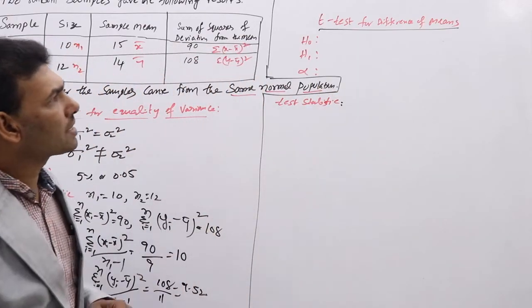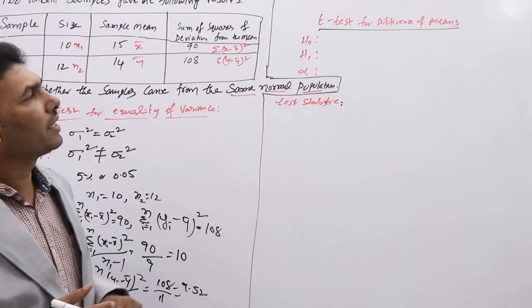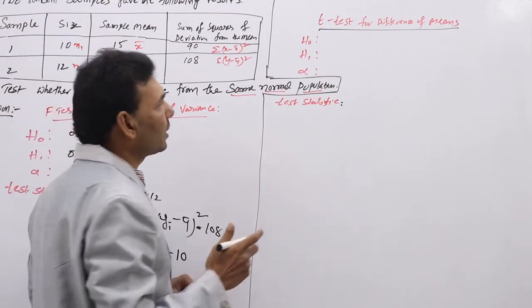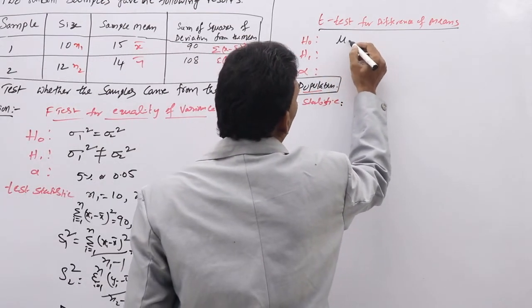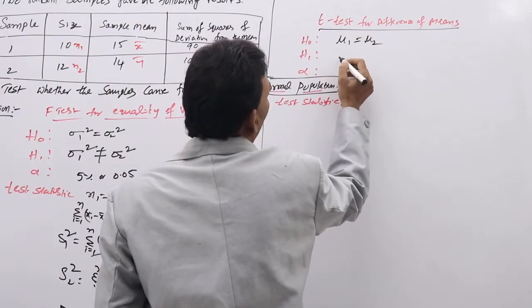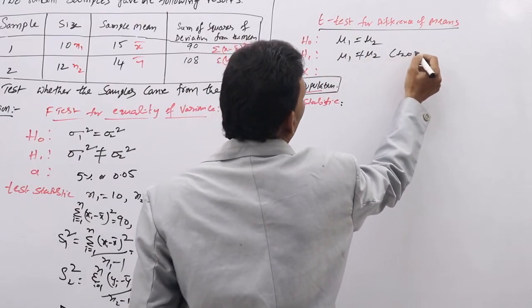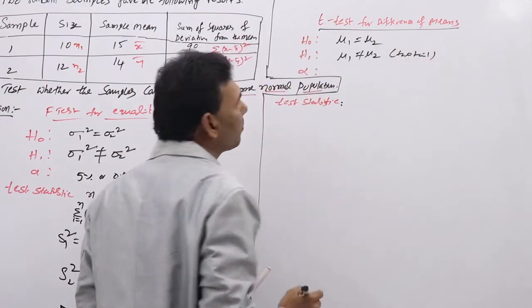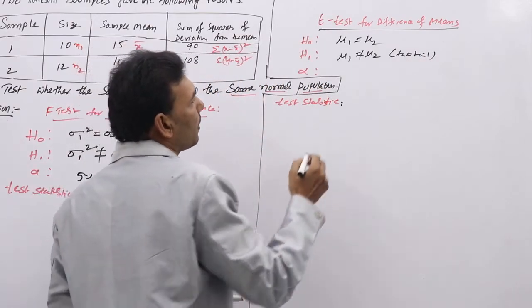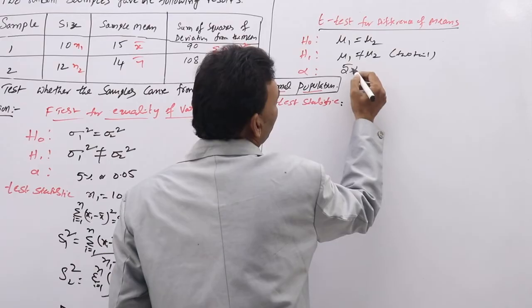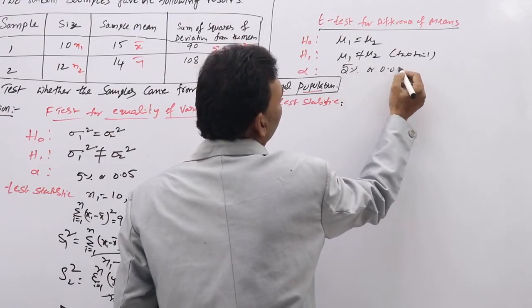H0 is the same in the t-test, the standard H0, that the means are equal. There is no information regarding H1, so mu1 not equal to mu2, two-tailed. Alpha default value is 5%.